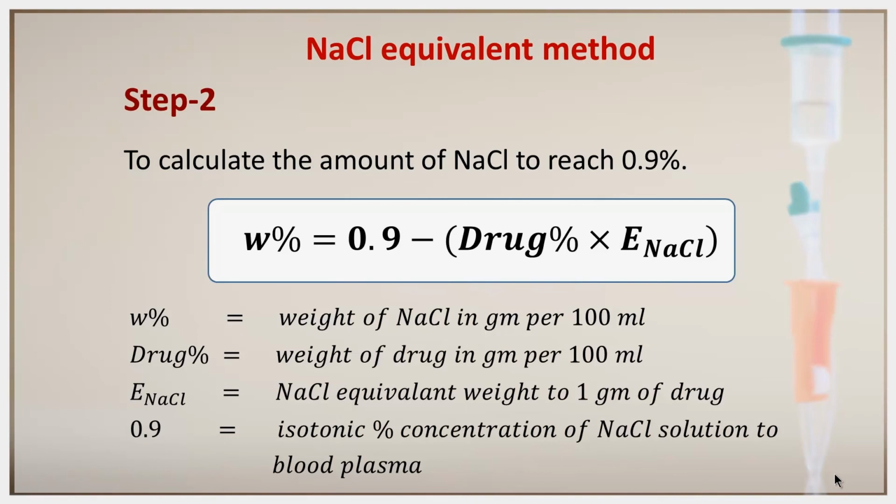Drug percent is weight of drug in gram per 100 ml, and E NaCl is the NaCl equivalent weight to 1 gram of drug. So, as you can see in this example, we have calculated the amount of NaCl added to 100 ml of water to make isotonic solution.